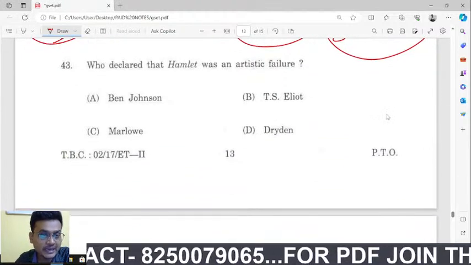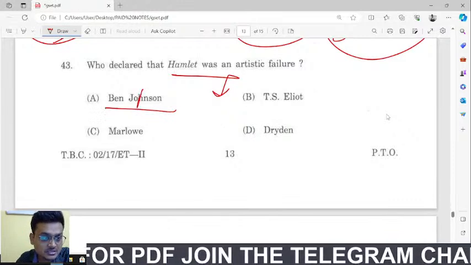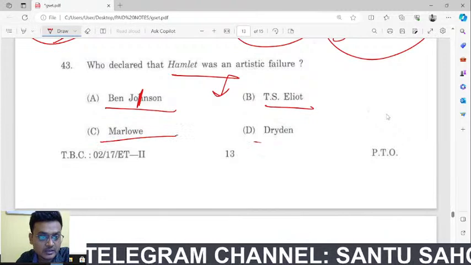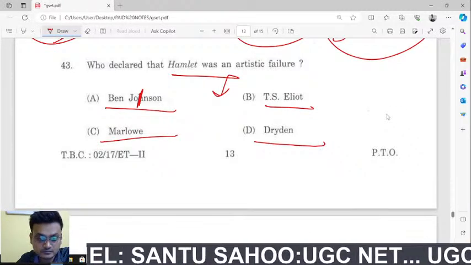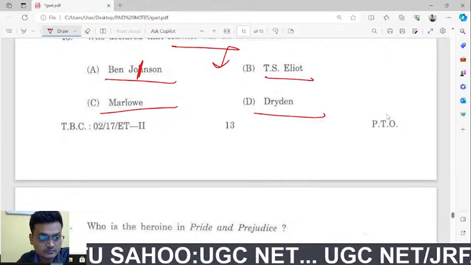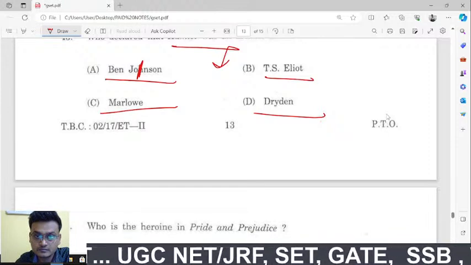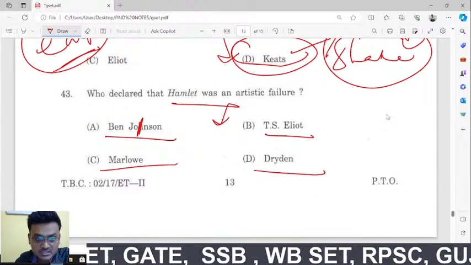Who declared Hamlet as an artistic failure? Is it Ben Jonson, T.S. Eliot, Marlowe, or Dryden?